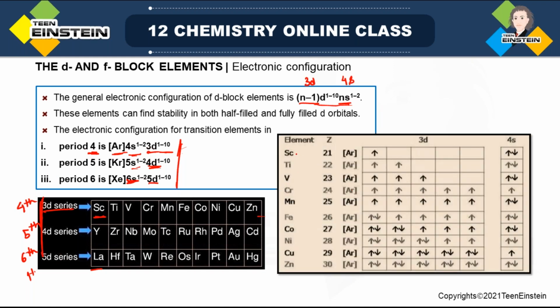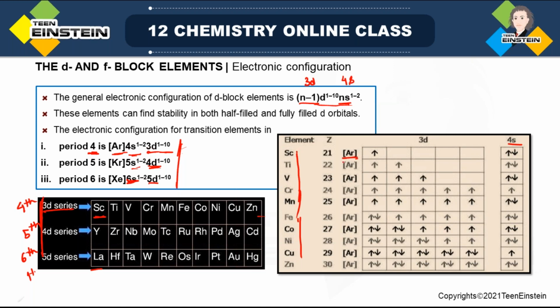Here we have all the elements of the 3d series only. See, starting from scandium up to Zn, and this is the atomic number Z, then the 3d orbital and 4s orbital. Now atomic number 21, after argon there will be only one electron, because argon is 18, and after argon there are two s block elements, that is 19 and 20.